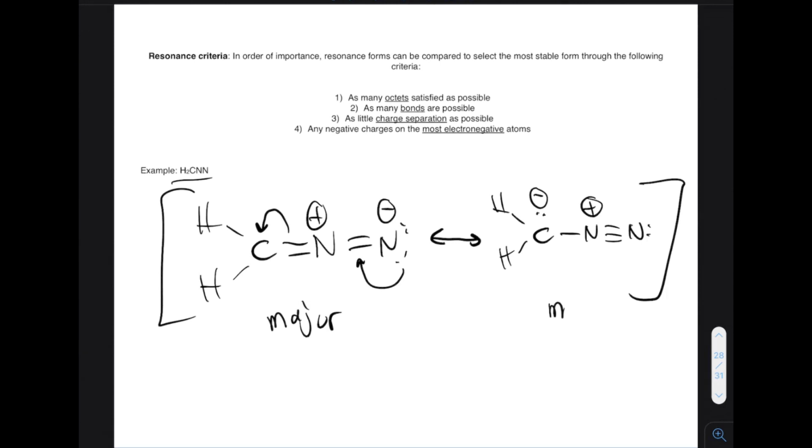There's still some contribution, of course, but the major resonance form is this one because that negative charge is on the nitrogen, right? So we kind of have to go through the whole list to figure that out, and it is the quote-unquote least important resonance criterion, but it still helps us decide which one of these is the major versus the minor resonance form.